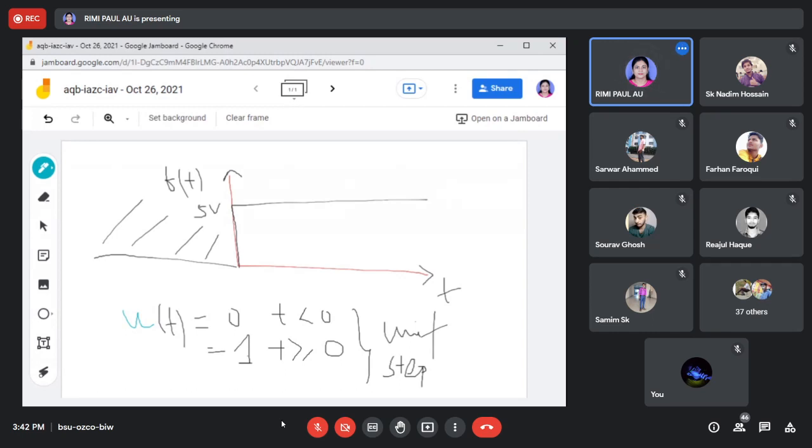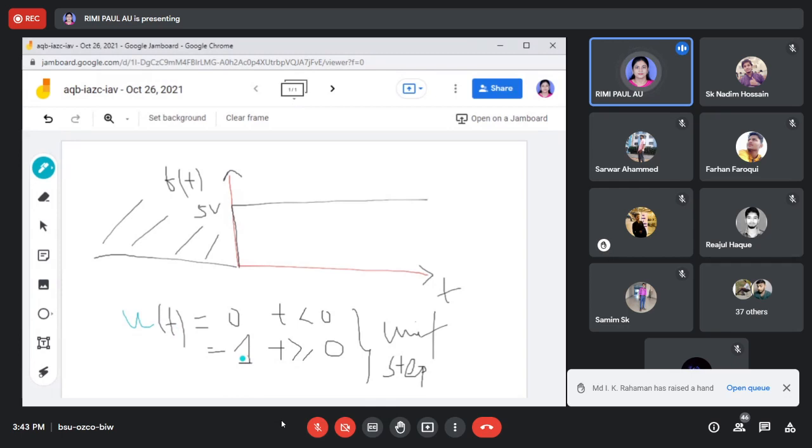Because whatever signal you multiply with 1, that signal will remain the same. Suppose I am multiplying a ramp signal with this step signal. So what will be the answer? t. If the ramp signal function is t, then if I multiply this ramp signal with the unit step signal, the unit step value is 1.